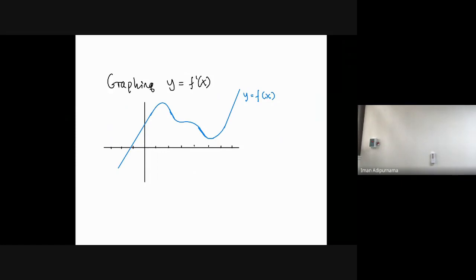I hope you can see it's concave downwards from the beginning, and then it has a bend here, so it's also downwards, and it's going up here, and it's upwards at the end. Try to make the f prime, the first derivative.